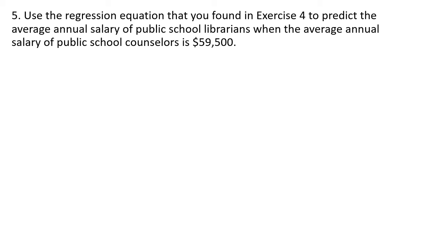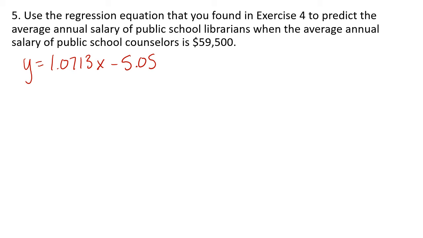Now we want to use the regression equation we just found and try and predict the salary of a librarian if the counselors have a salary of $59,500. So our equation that we got, just copying it exactly as it's written in Excel, was this.